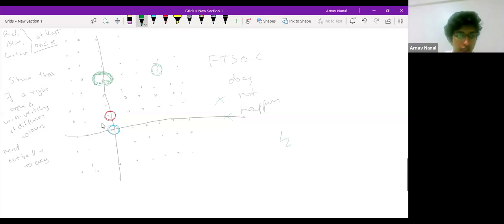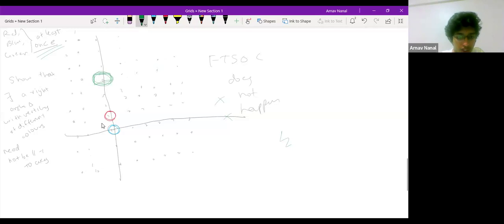Because green is used at least once, we know that. So if green is used anywhere outside the y-axis, you can drop a perpendicular and that has to be green. If it is not used anywhere outside, it has to be used on the y-axis. We can erase this point because we don't need it anymore.